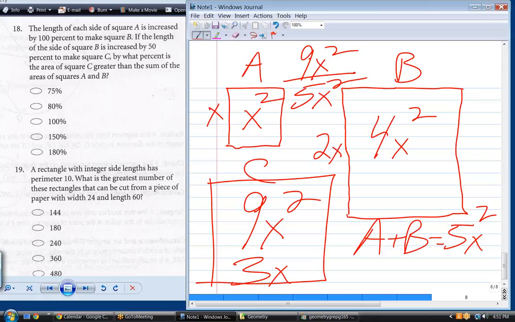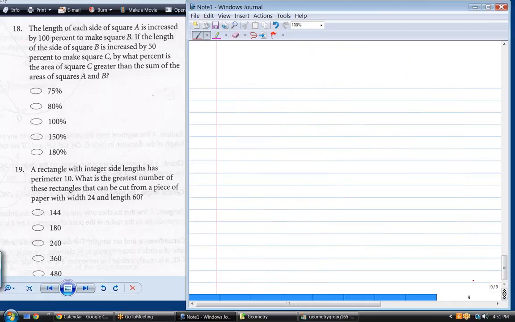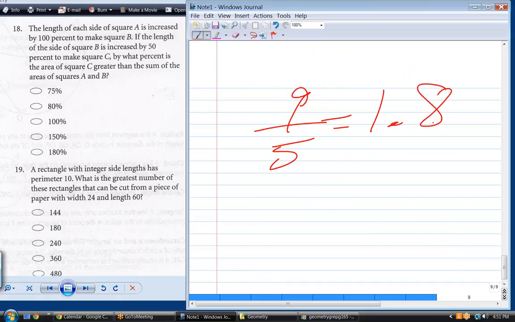It's a little bit less than 100%, so 80%. Yes. And the way you actually can get that is the x squareds cancel out. So the ratio is 9/5. Okay, well, 9/5 is 1.8, which makes it 80% larger because of the 0.8.